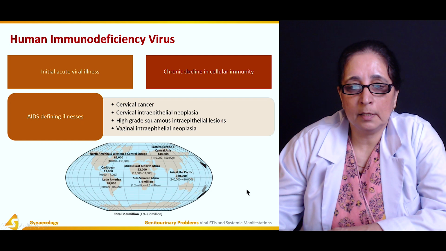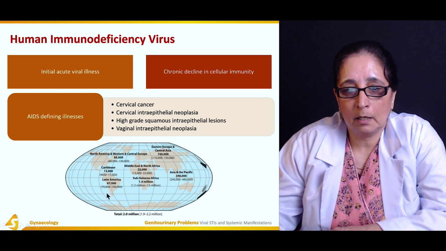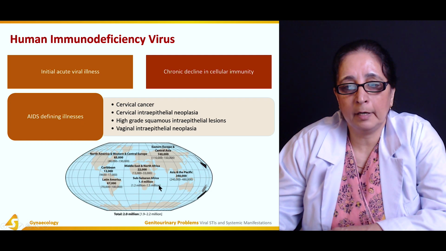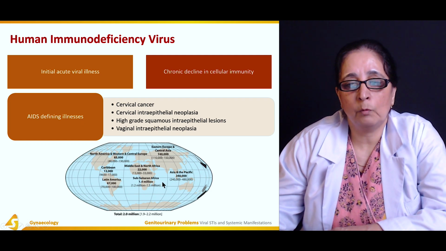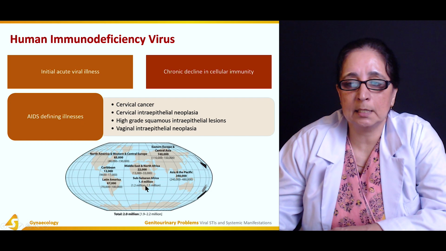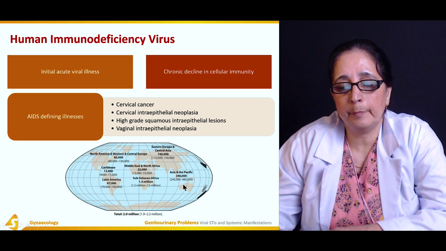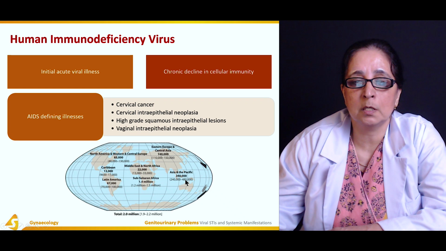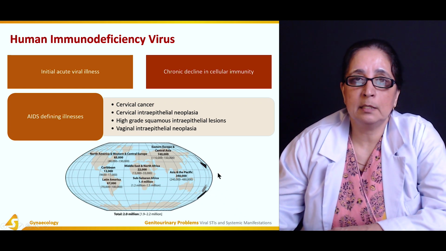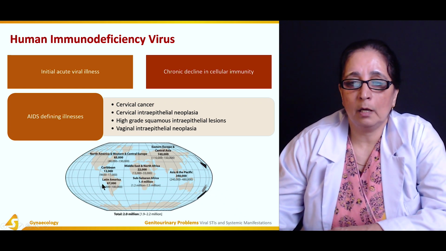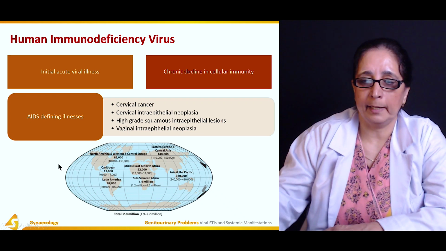If you see in these statistics, it's very common in sub-Saharan Africa, in which there are about 1.4 million cases of AIDS, and also here it's common in Asia and the Pacific, where there are about 340,000 cases. So AIDS is becoming very, very common worldwide.